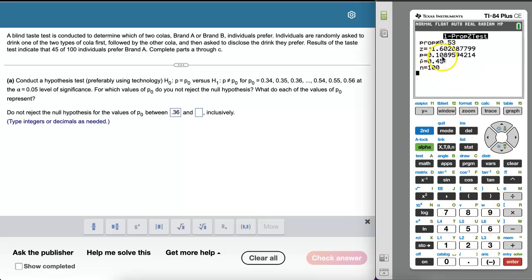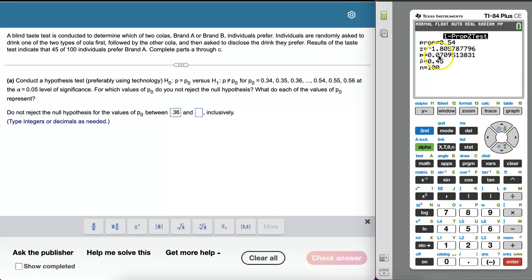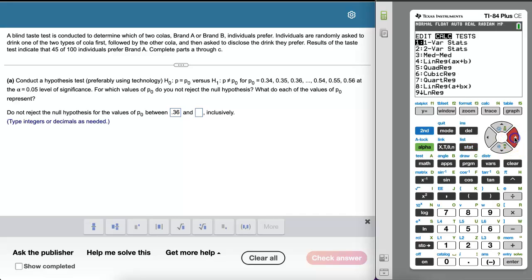Notice p is still greater than 0.05. Let's try 0.54. So still greater, I would not reject the null hypothesis at this point. All right, that was 0.54.